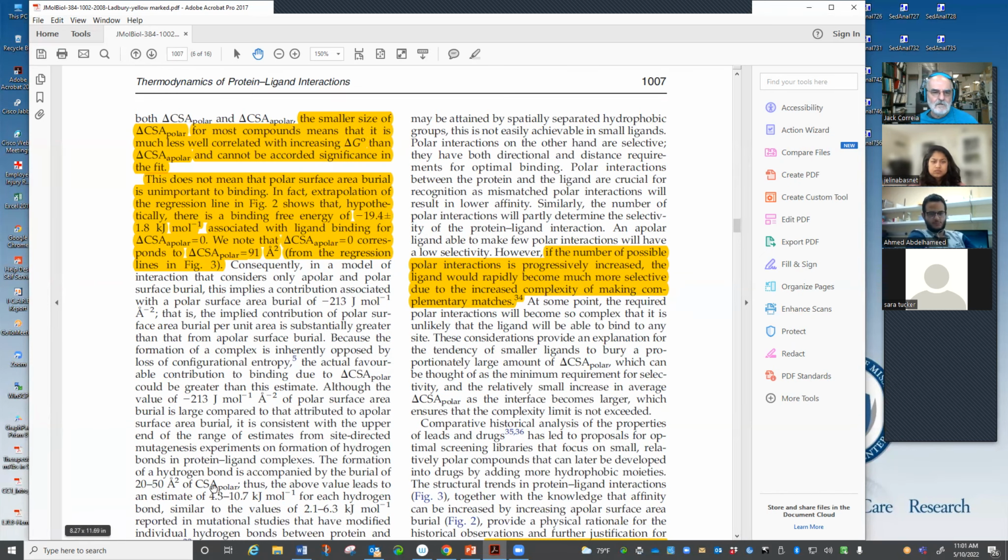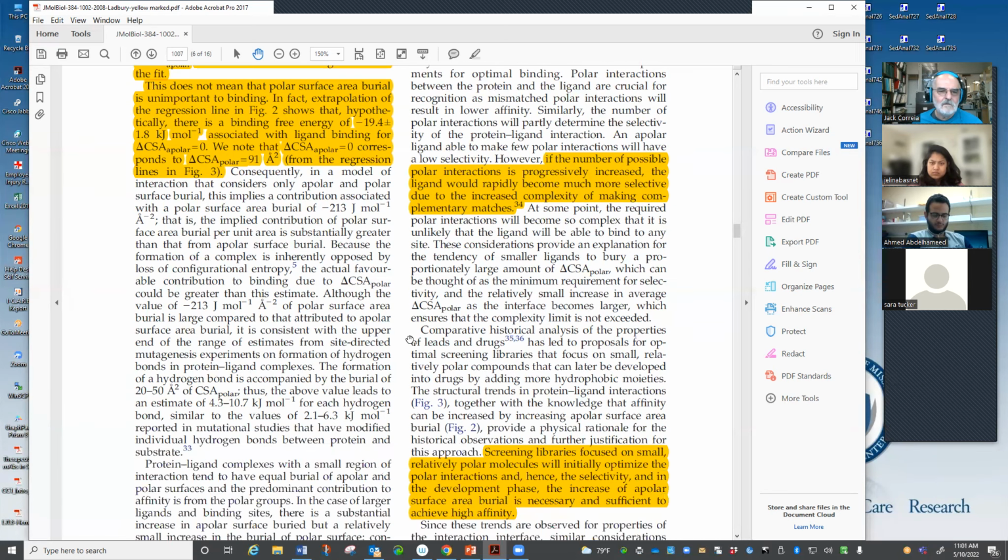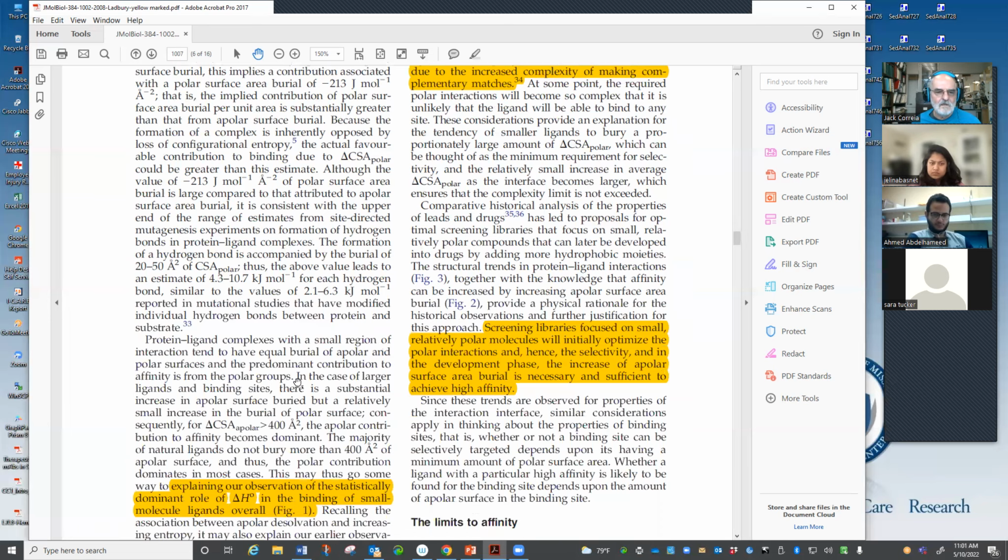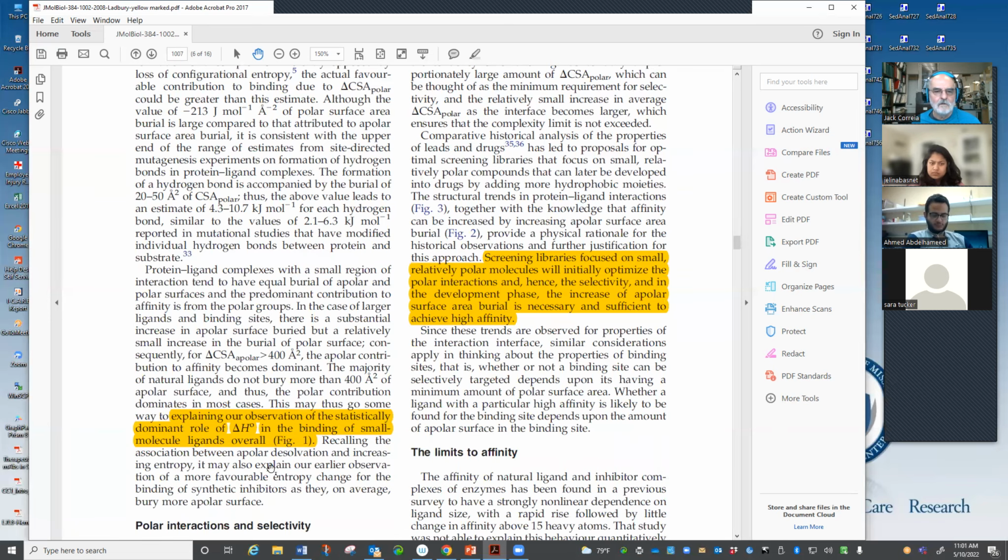All right, and then there's a long discussion here about various features. The thing that I selected out here is: the number of possible polar interactions is progressively increased, the ligand would rapidly become much more selective due to increased complexity and making complementarity matches. Okay, and so the argument I think that they're making here is, well, I missed something down here.